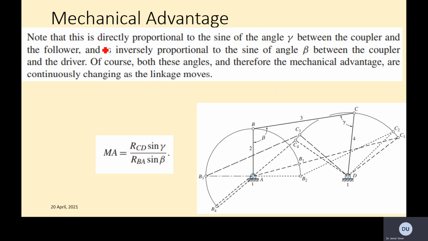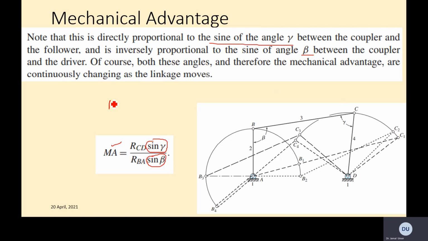Note that the mechanical advantage is directly proportional to the sine of gamma, the angle between the coupler and the follower, and it is inversely proportional to the sine of angle beta, the angle between the coupler and the driver.